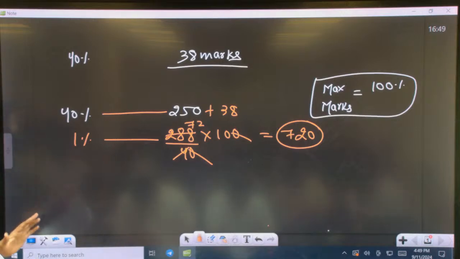You will have to apply the same concept, but in this he is getting more marks than the essential marks. What are essential marks? Essential marks are nothing but the passing marks.